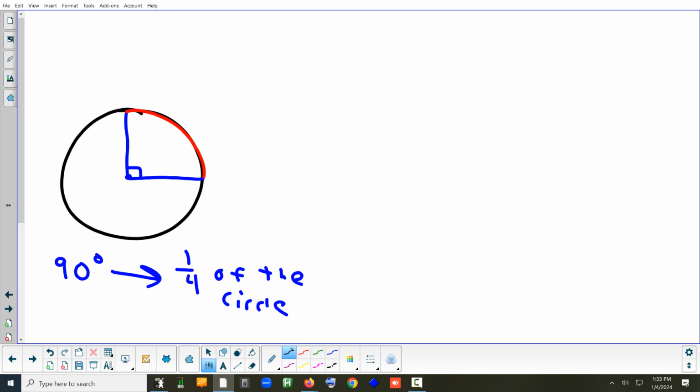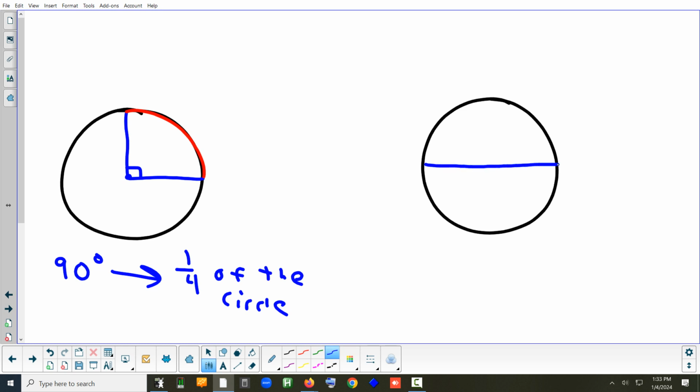All right. So now let's do it again. Draw a circle. Now I have that angle. And I have that arc. Okay, how big is the angle in blue this time? 180 degrees. It's 180 degrees.